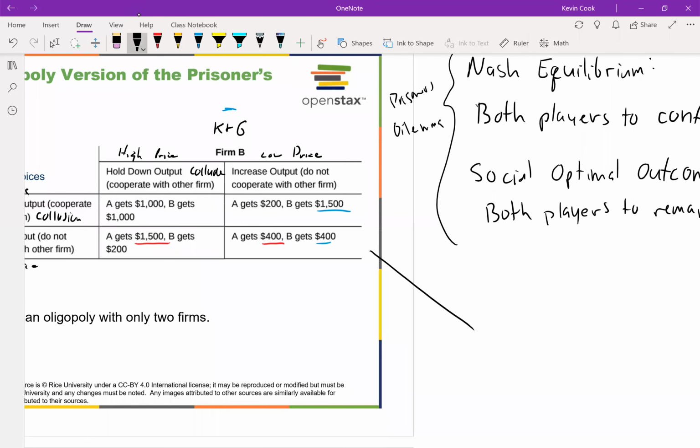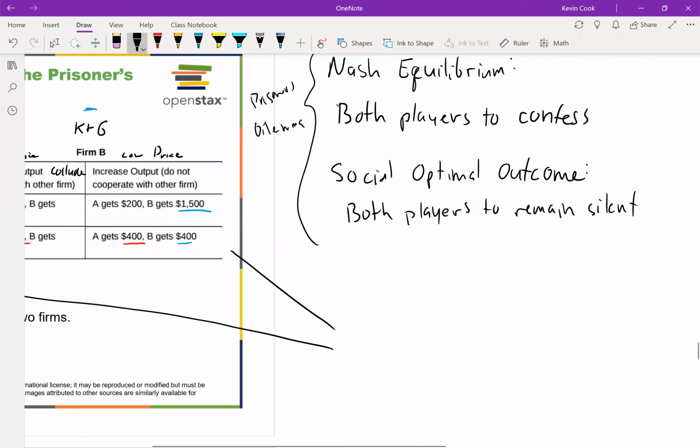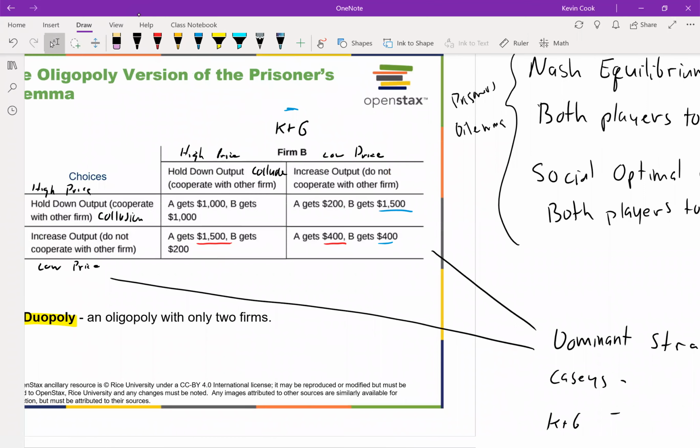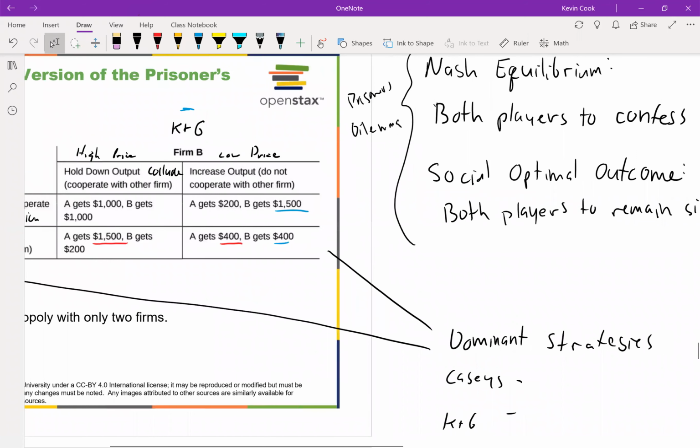I'm going to bring this over to the side. If I look for dominant strategies, if anybody has one, we're looking again at Casey's and Come and Go. So Casey's, regardless of what Come and Go did, opted to compete and charge a low price.